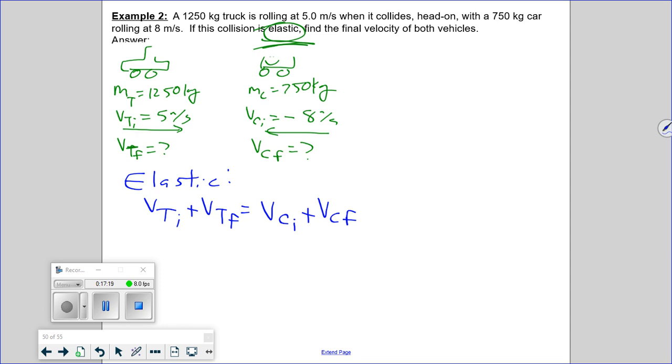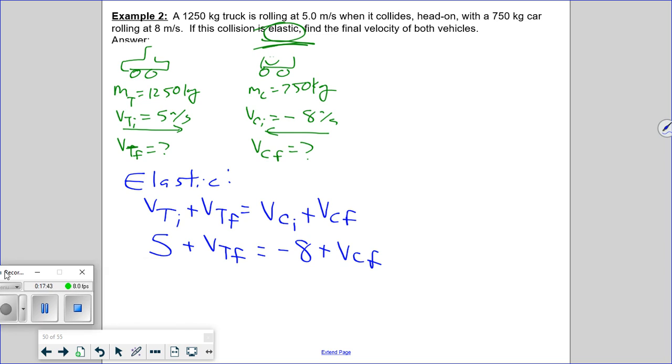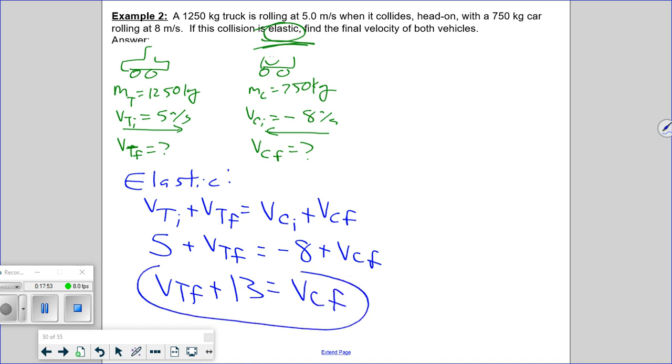Notice that each side of this equation doesn't really mean anything, it doesn't make sense to add initial and final velocity, but mathematically, it is a good problem-solving tool. So we get 5 plus VTF equals negative 8 plus VCF. Let's add 8 to both sides to get VTF plus 13 equals VCF. That is equation number 1.